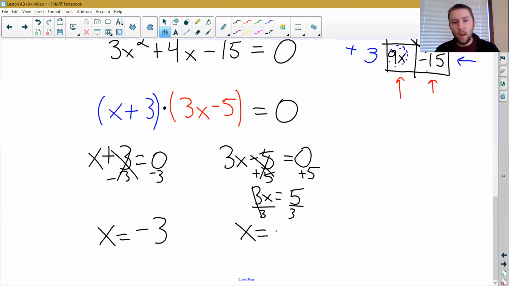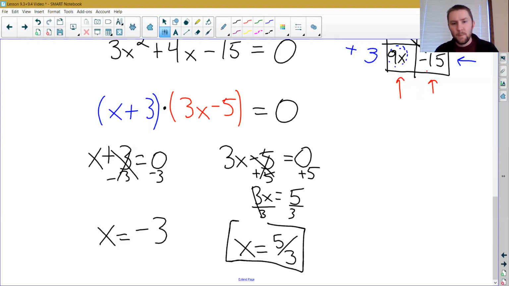So I am just going to leave 5/3 there as my solution. So this is one answer, x equals 5/3. This is my other answer, x equals negative 3.